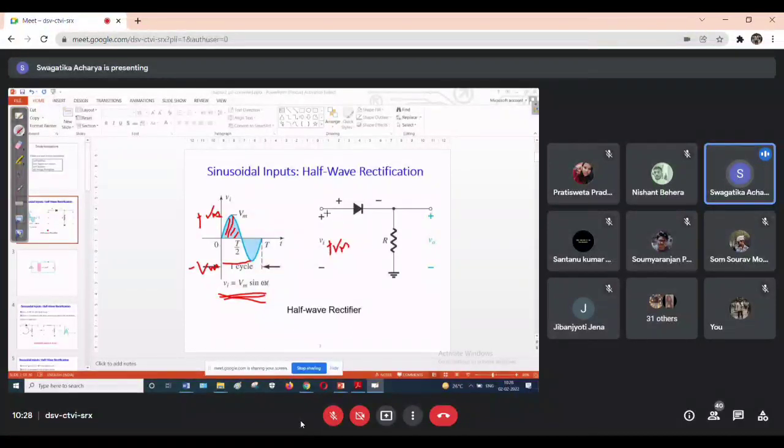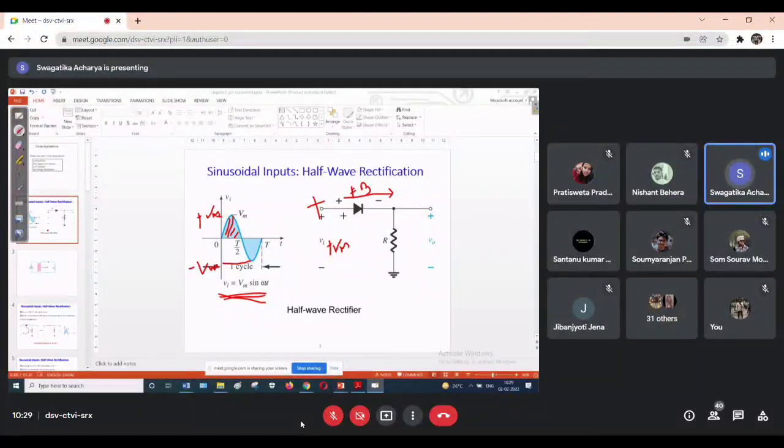It means this potential is positive, and the positive potential is connected to the positive terminal of the diode. So the diode will be in which condition? Forward biased. Now current flow will occur through this diode, in this direction, then through the resistance, right?